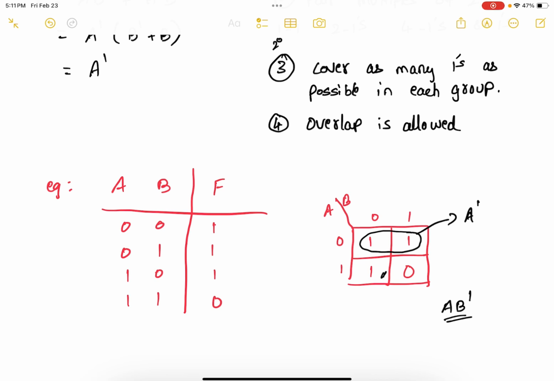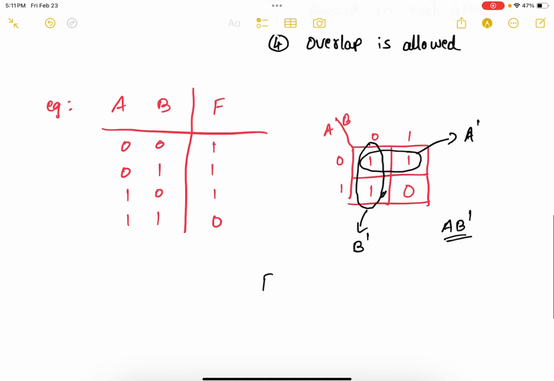However, to get the minimal form, we can combine it with the adjacent one. When you combine it with the adjacent one, you get B' as the common term. Therefore, your F equals A' or B'. This is how a two-variable K-map works.